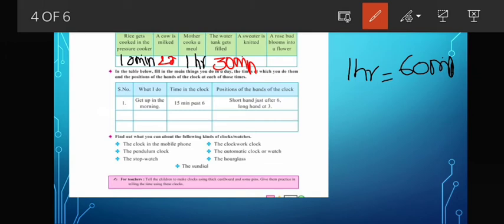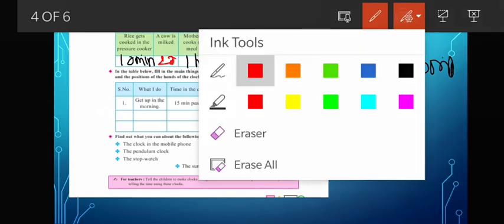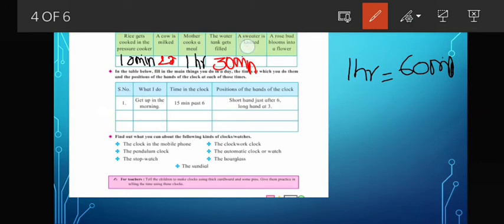A sweater is knitted. How many days will it take to make a sweater? Yes, 4 days to make a sweater. How many days? 4 days. Okay, 4 days. I will write properly because you all will get confused.